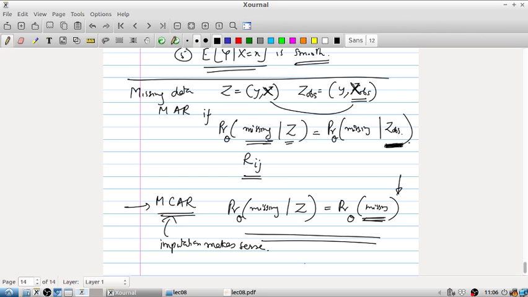I just constructed an example where it can depend on some entries that you want to keep in your data. For example, you can make the coin bias a function of the first entry of your data and then delete everything else based on that bias. That means the missingness depends on the entry that you kept frozen, which is a bit of a contrived example, but that's what it means. So this is a special case of the previous one, and the example that I gave applies to both.